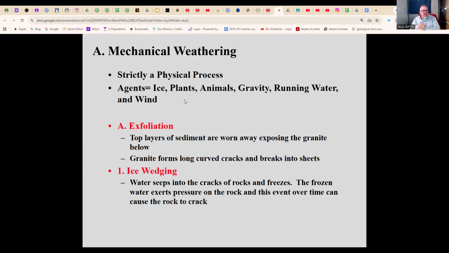When we talk about an agent, we talk about things that make this happen. So a good example is why Illinois roads are awful, right? Water gets in the crack, it freezes, it expands, it cracks. And so as it does, ice is a mechanical weathering agent. Plants.